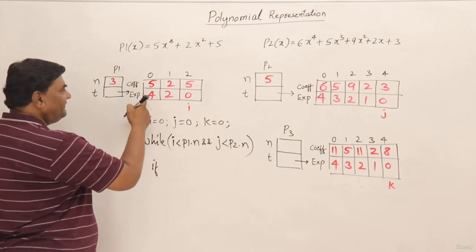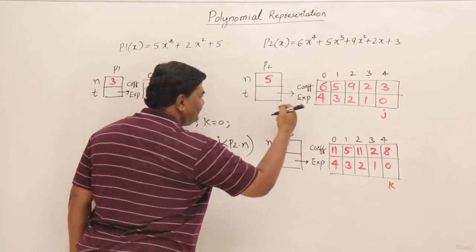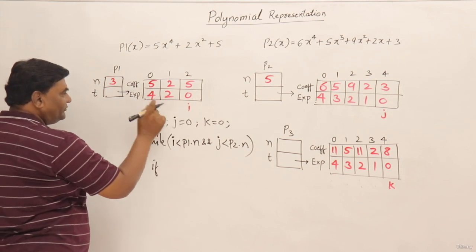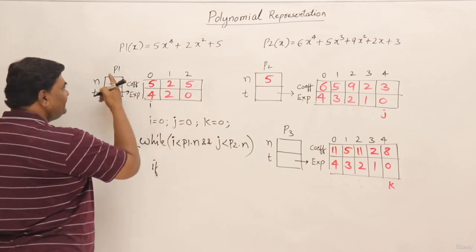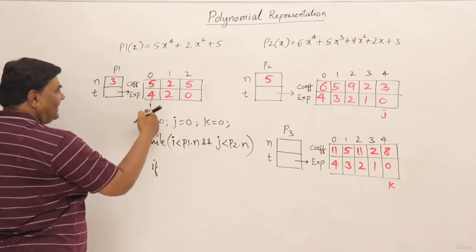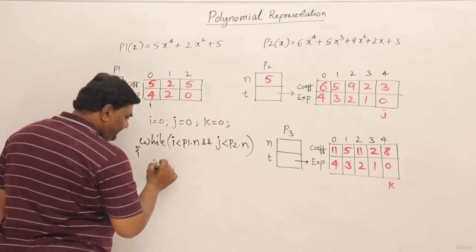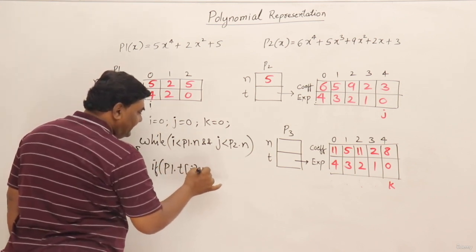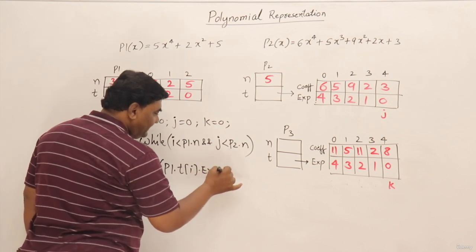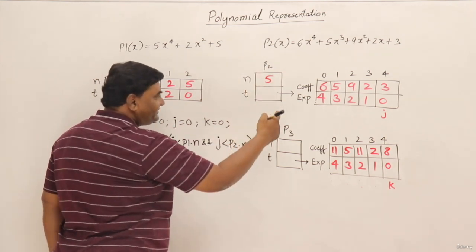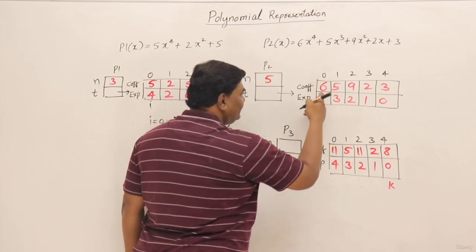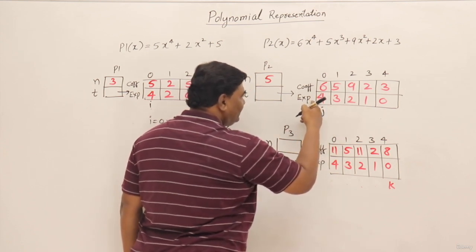If, this is the power we have to see, the exponent. So P1's T of i's exponent. So if i is here, then P1's T of i's exponent is greater than P2's T of j's exponent, like j was starting from here.